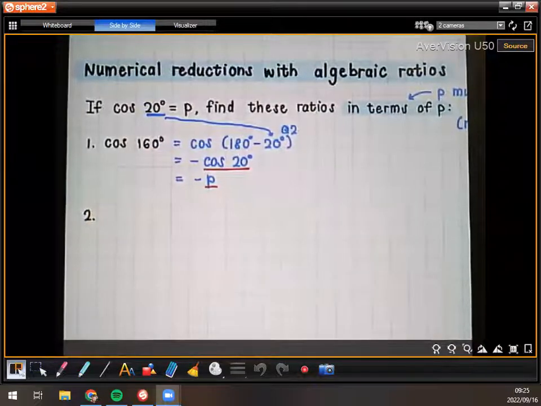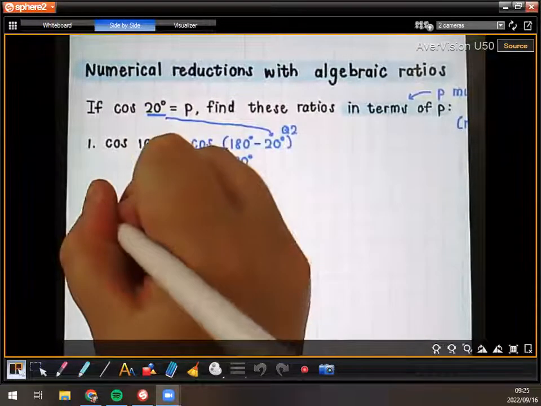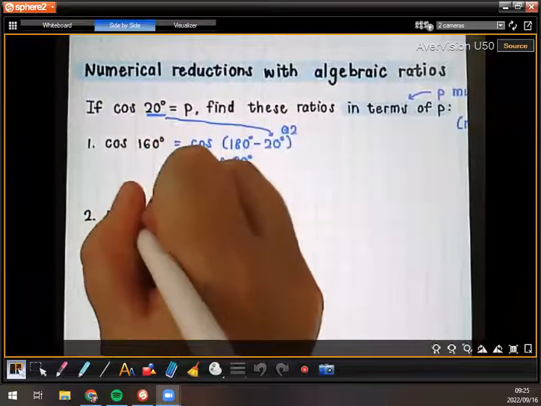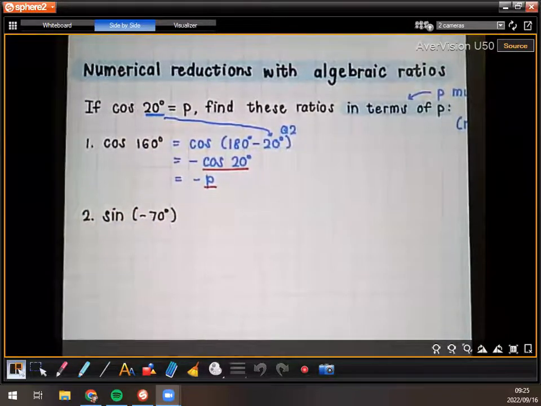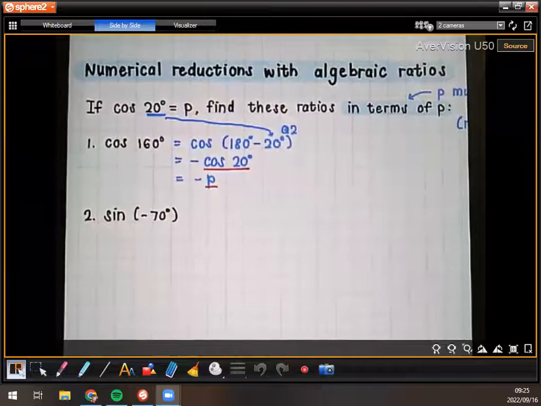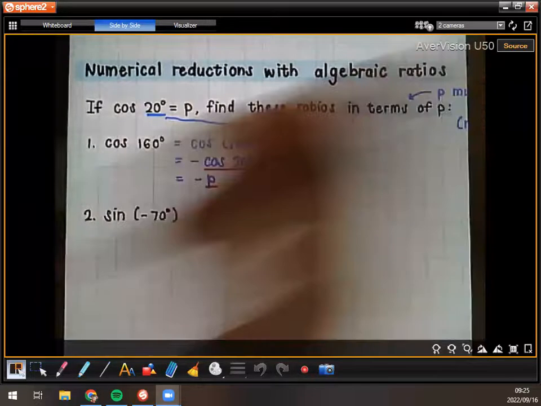Okay, next one. Sine of negative 70. Before we start thinking about the 70, I mean, 20, what quadrant is negative 70?